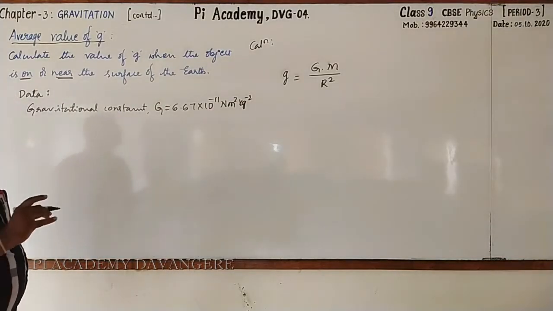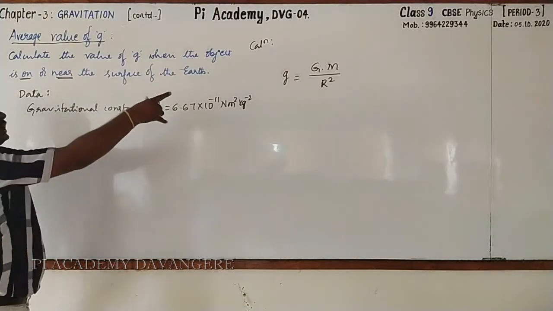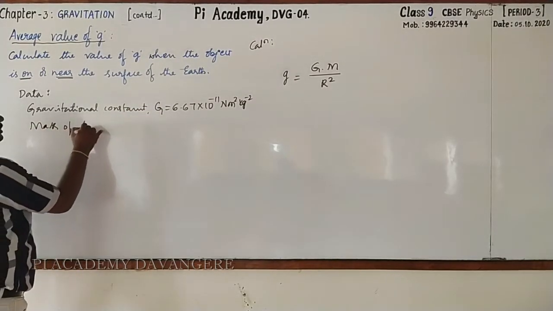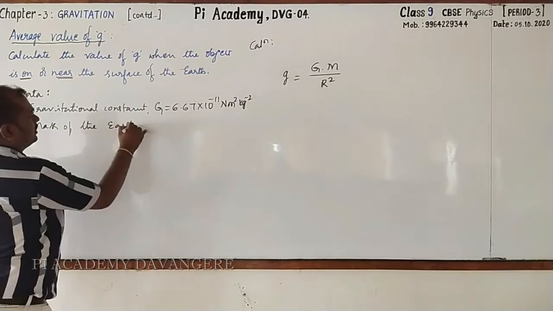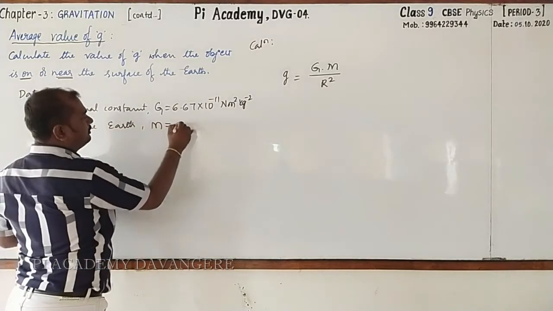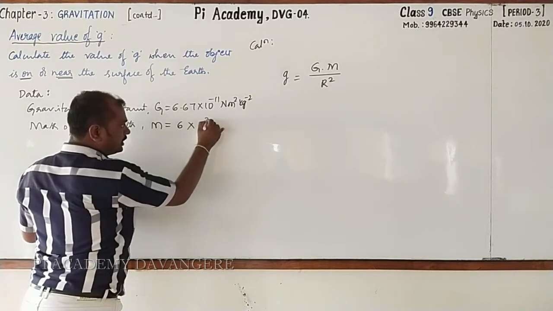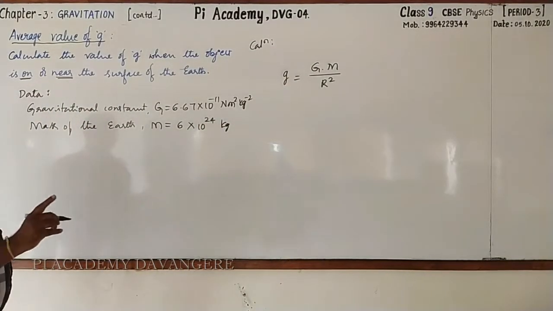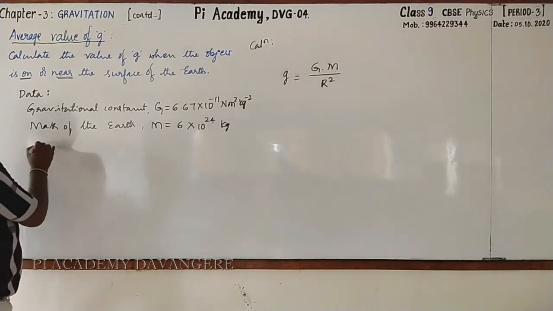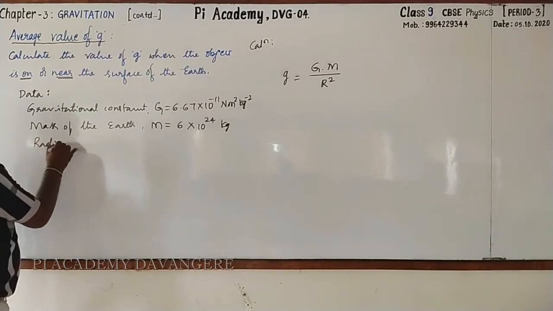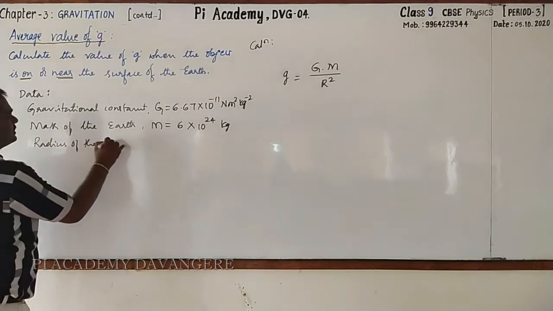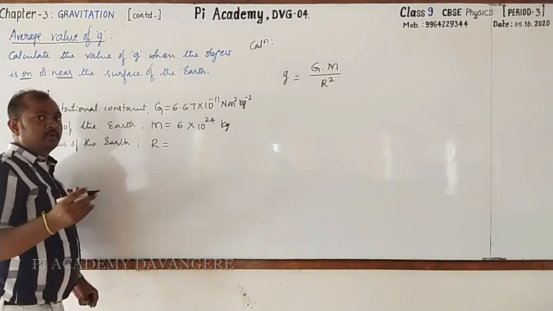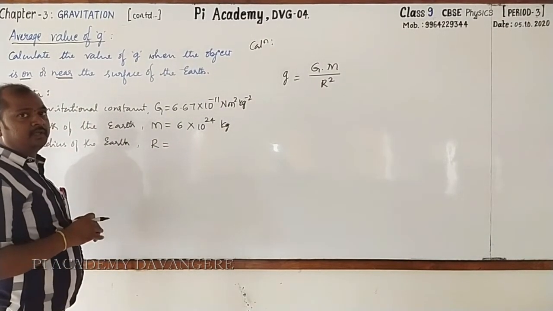Followed? Then what about capital M? Capital M is the mass of the earth. We are familiar with this also. Mass of the earth, capital M, is 6 into 10 raised to the power 24 kg. Followed? Next, radius of the earth, denoted by capital R. How much is it? We know its diameter, right?